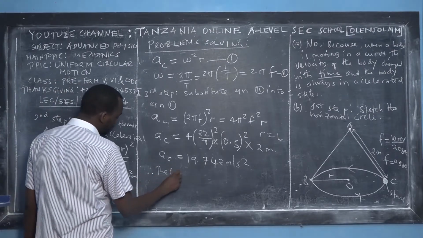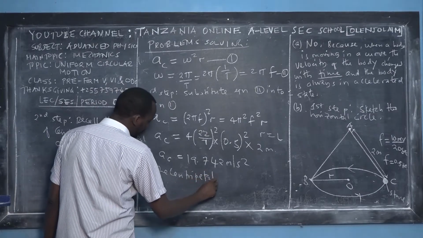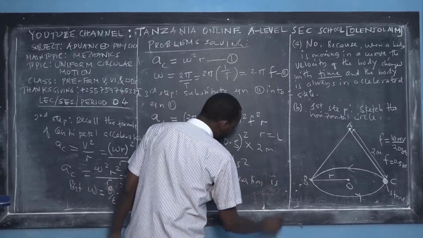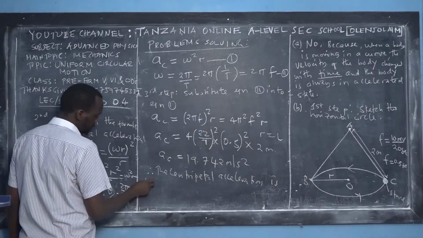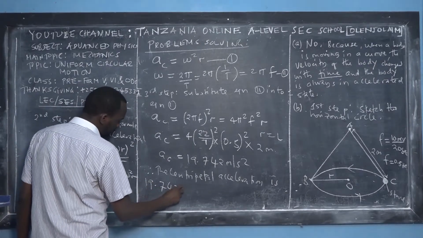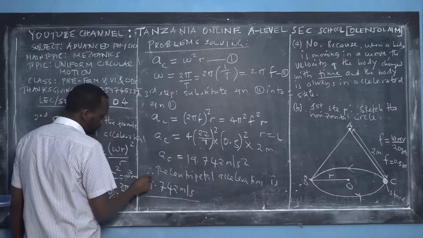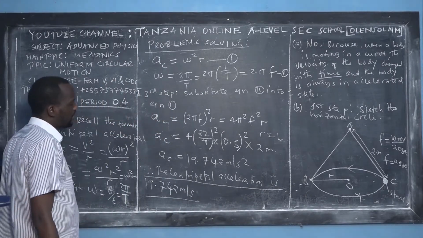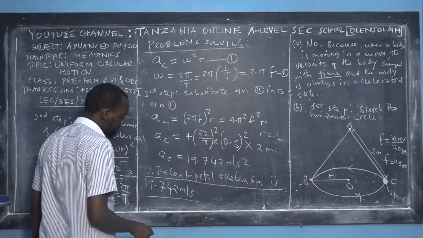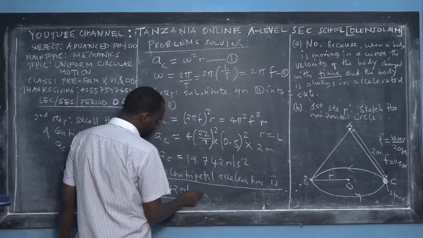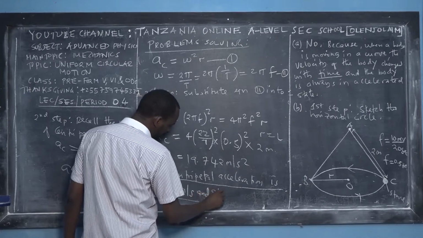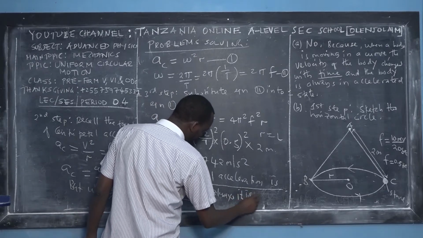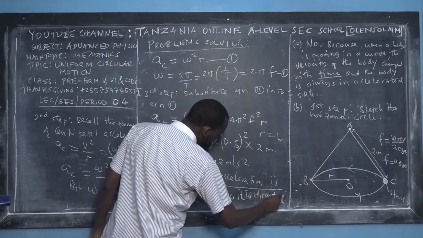Therefore, the centripetal acceleration that is required is 19.742 meters per second square, and this centripetal acceleration is always directed towards the center.